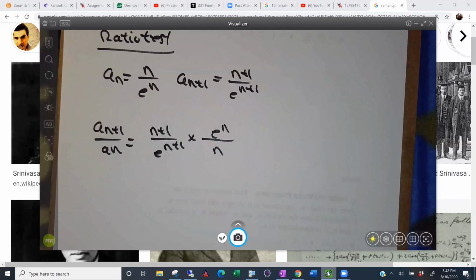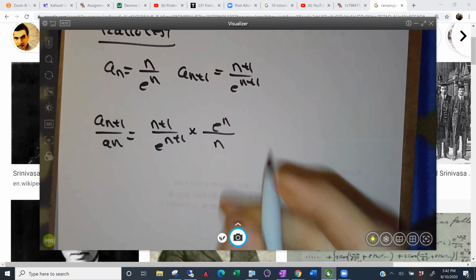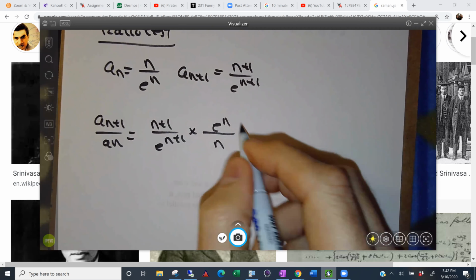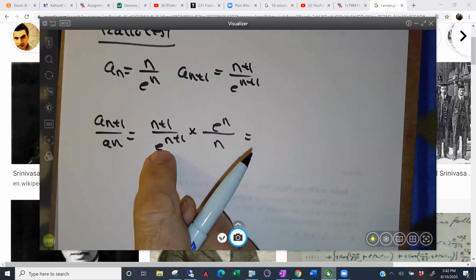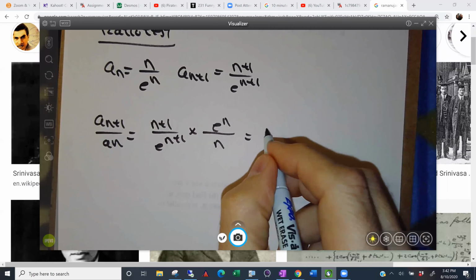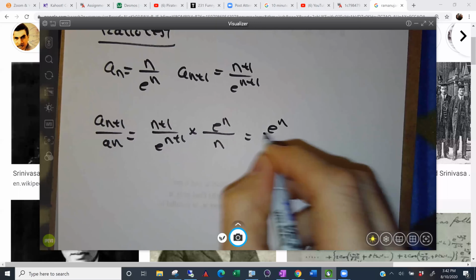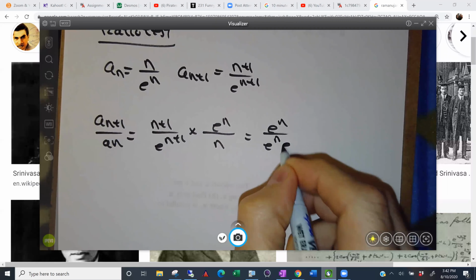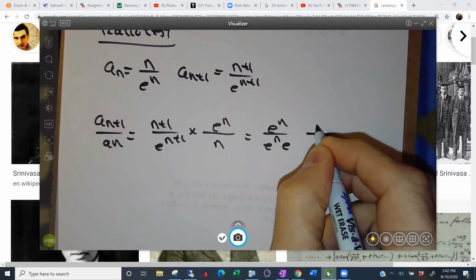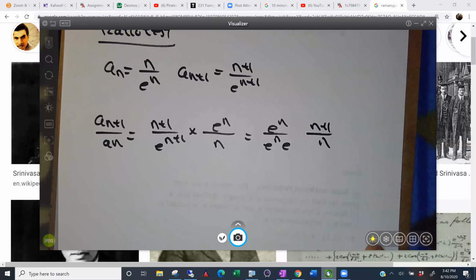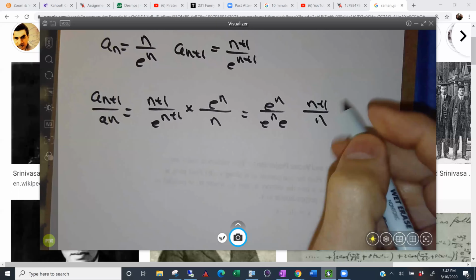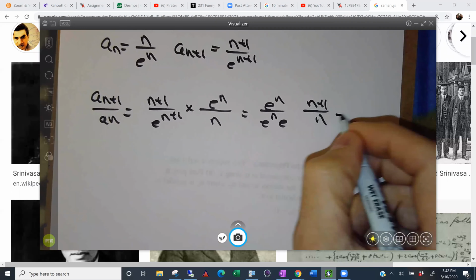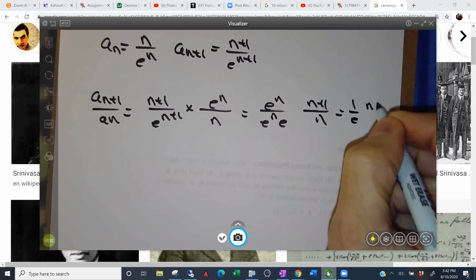Then we're going to get some cancellation. We can cancel out all but one of the e's here. So let me rewrite this as e to the n times e, n plus 1 over n. Those cancel, so I'm left with 1 over e times n plus 1 over n.